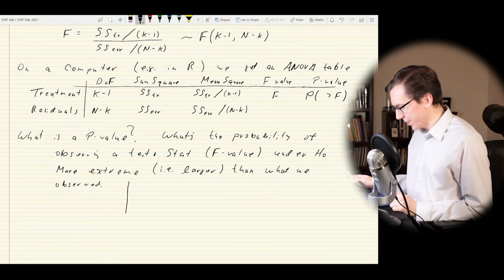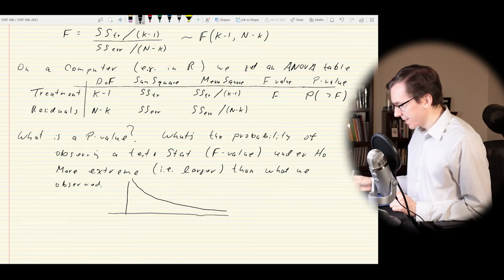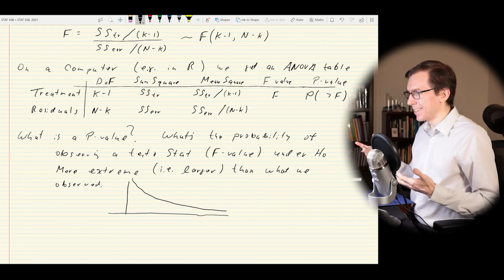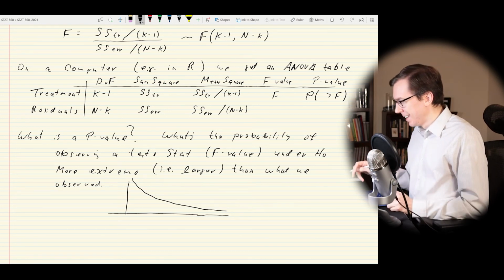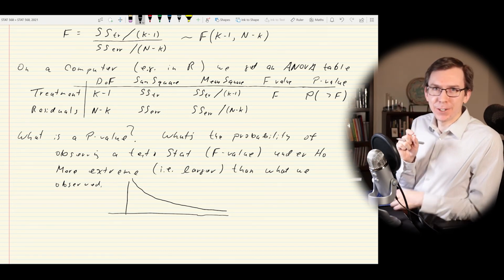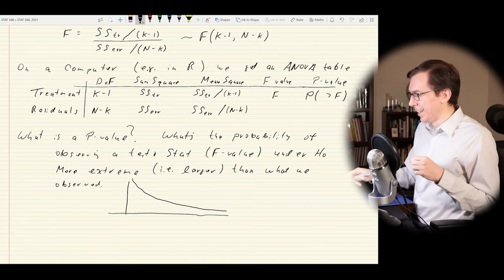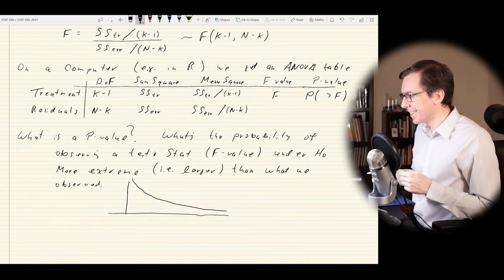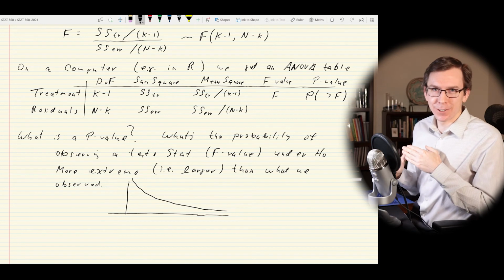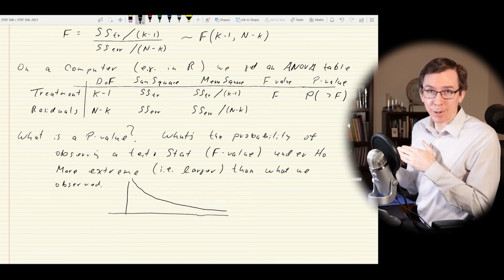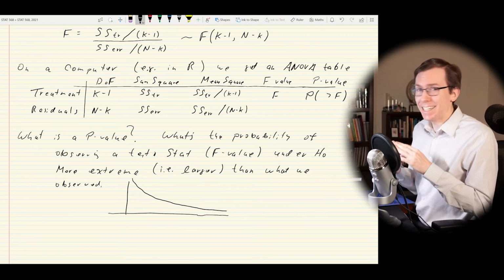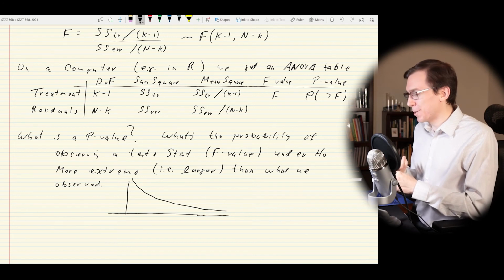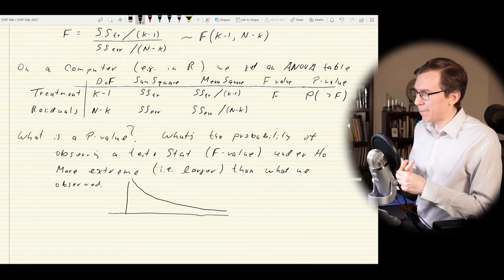So in a picture sense, we have something that's going to look like an F distribution. Depending on the degrees of freedom, it changes a lot. Remember the F distribution has 2 different degrees of freedom, as at the top of the page here. We have a first degree of freedom corresponding to the numerator, the k-1, and a second degree of freedom corresponding to the denominator, the n-k.